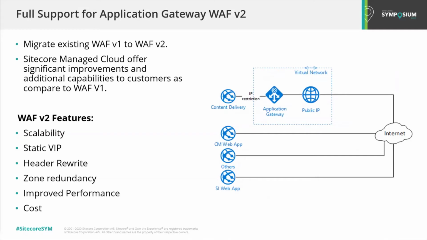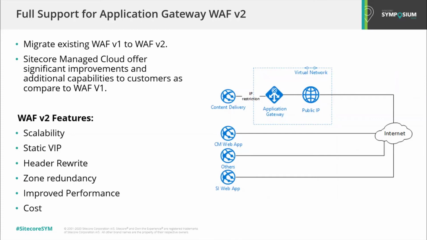It is a useful technology for preventing common cyber attacks such as SQL injection and brute force attacks. Microsoft has released Azure Application Gateway v2 and Web Application Firewall v2, which offers significant improvements and additional capabilities to the customers for their instances.